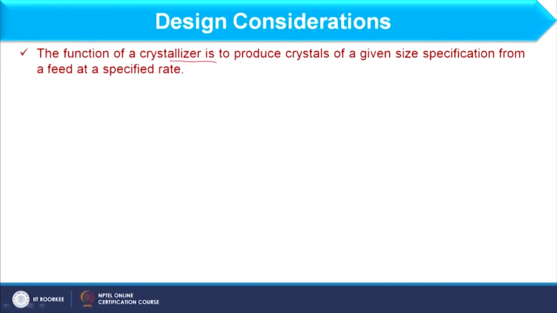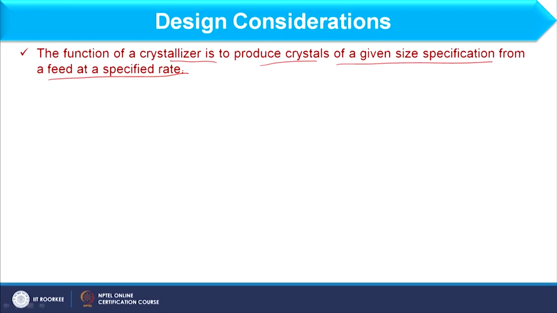The function of a crystallizer is to produce crystals of given size specification from a feed at a specified rate. Usually we consider that feed enters the crystallizer at a particular rate, and production of crystals is also at a rate. Okay.